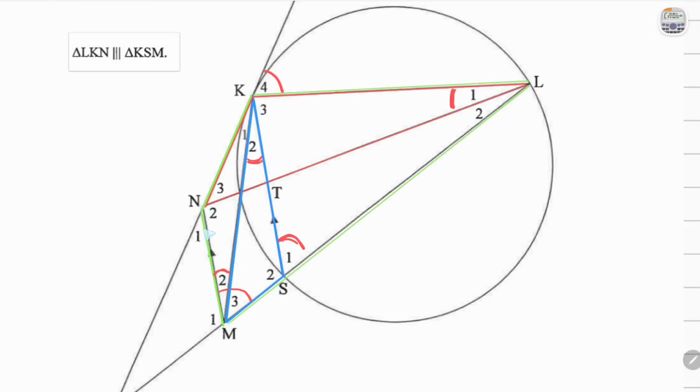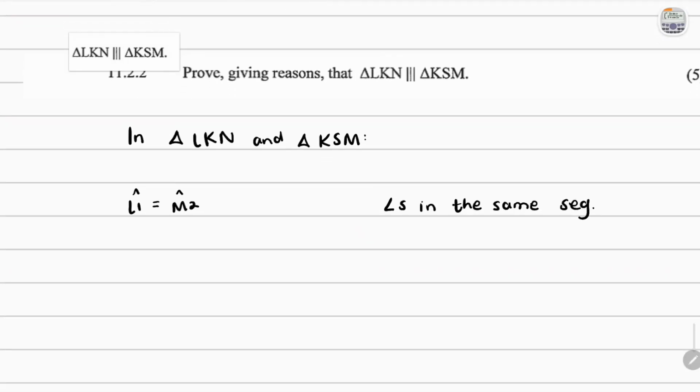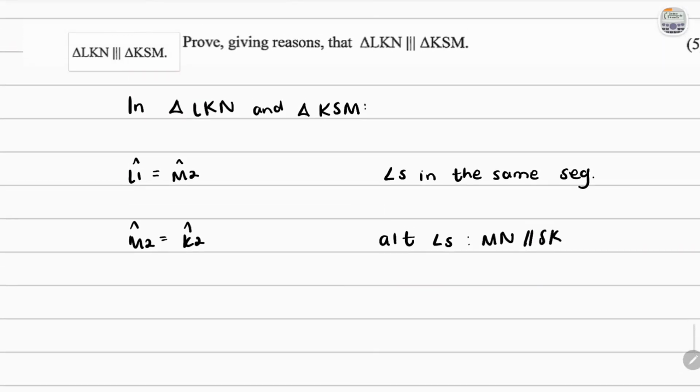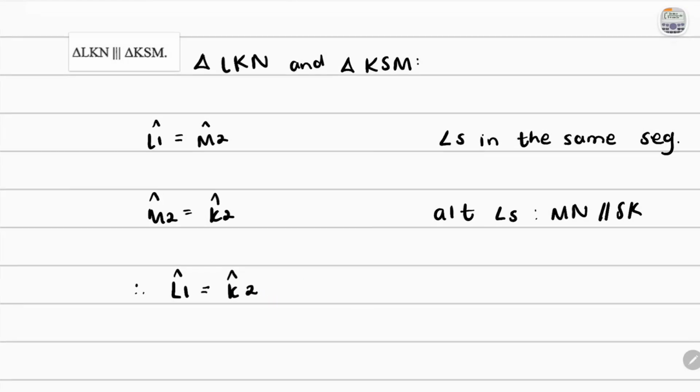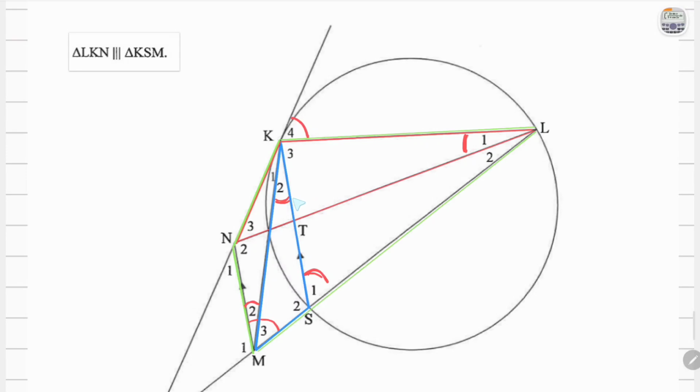And we'll just tell them the lines that are parallel as well. Okay, so just tell them that angle M2 is equal to angle K2 because MN is parallel to SK. And so because these two angles are both equal to angle M2, that concludes that angle L1 is equal to angle K2. And those are two angles in those triangles. So we found these two.